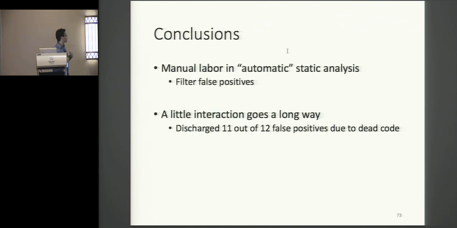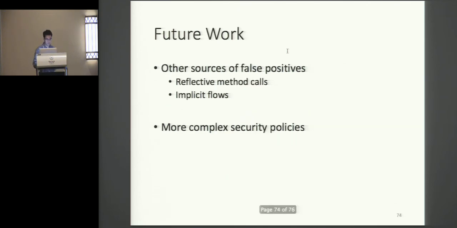And what we've shown really is that just adding a little bit of interaction can really go a long way to helping remove some of the manual labor that's present in so-called automatic static analyses. And in this project, we focused on filtering out false positives due to dead code. And we showed that this is really an effective strategy. But that by interacting with, in this case, the developer, we can really effectively reduce the workload needed to filter out these kinds of false positives.